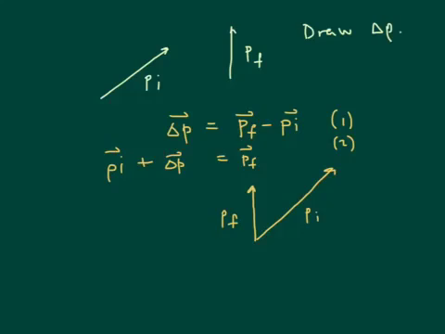So here it is. I do tip to tail, connecting delta p with pi. And there, now I've successfully drawn the vector addition of this plus this, and I drew it such that pf is in fact the resultant, the sum of these 2 individual vectors, pi with delta p.